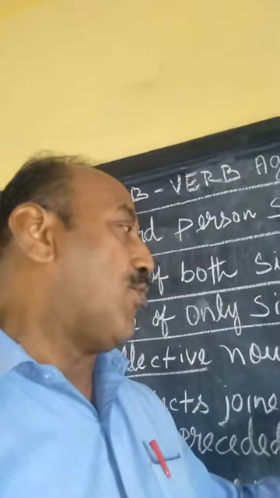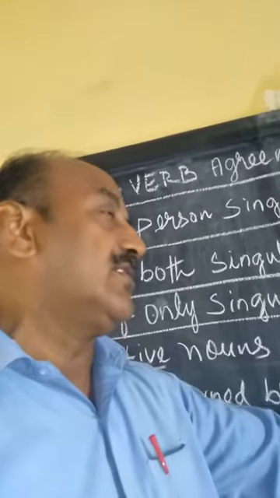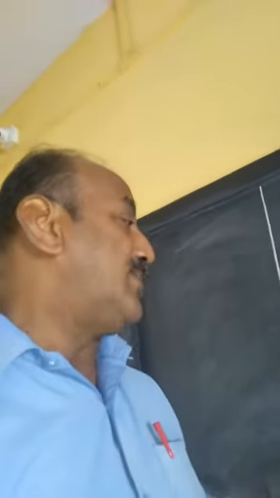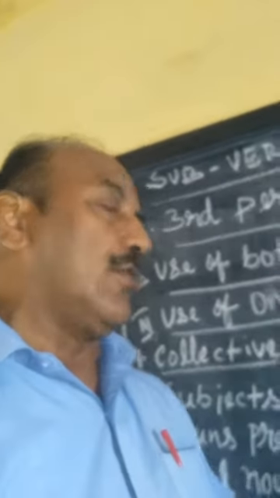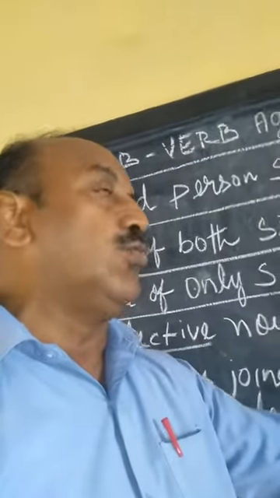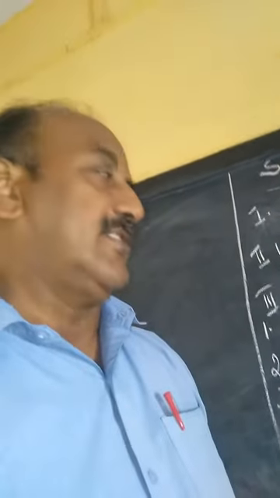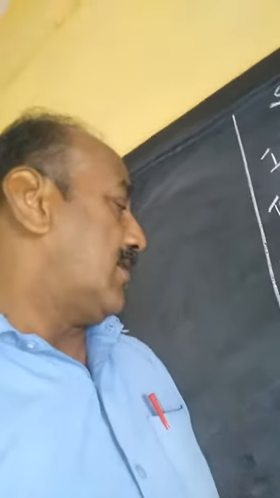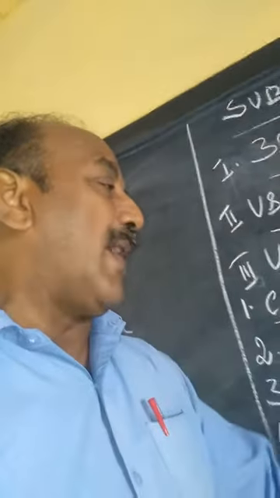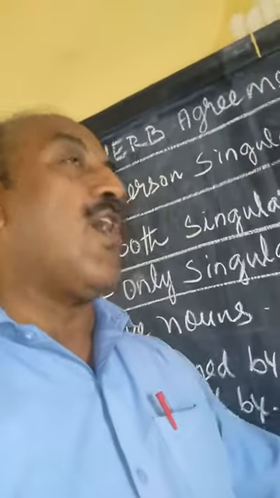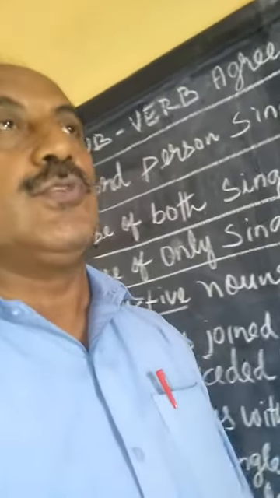For example, a bouquet of flowers is given to my friend. The second one, subjects joined by or, like Ram or Raju is coming to play with us. Third one, nouns preceded by words like every, either of, one of: one of you is coming to the school tomorrow.